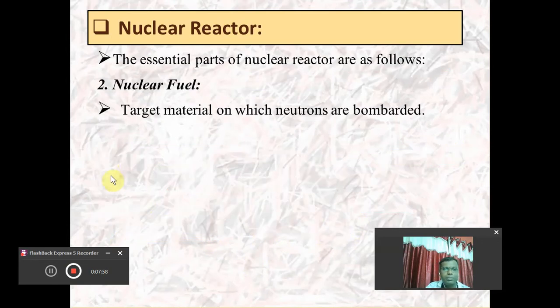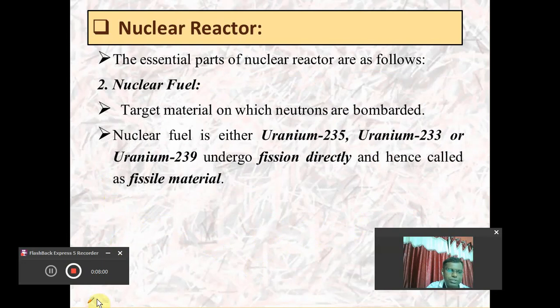Again, the second important component of this nuclear reactor is called the nuclear fuel. This is again one of the important ones. The first, the source of neutrons, is definitely an important component, but these neutrons are bombarded on a material, and that material is called the nuclear fuel.